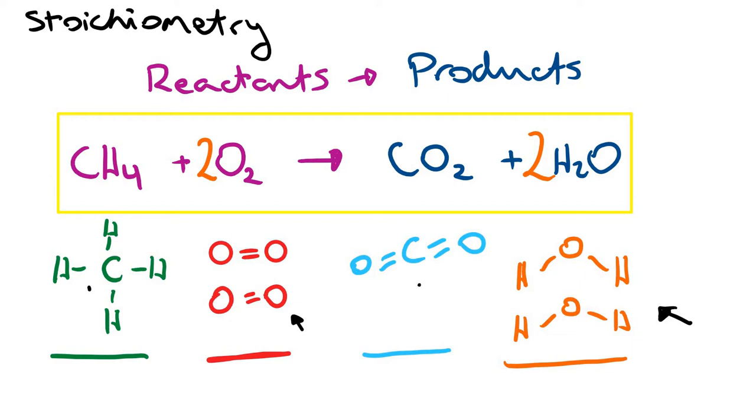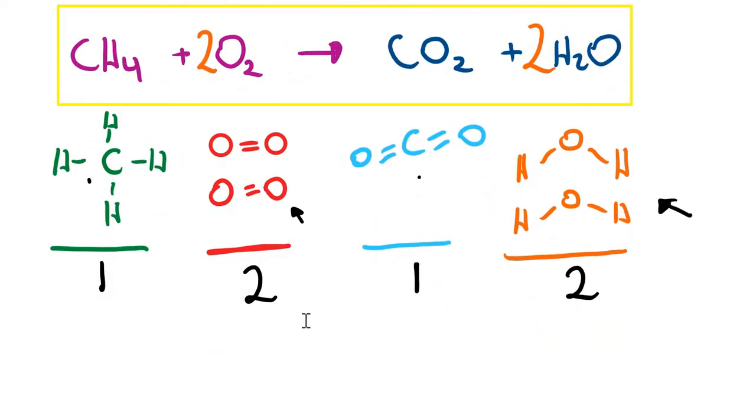So the main thing from this is, whenever we write a balanced equation, yes, it means that we've got the right number of atoms on the left as on the right, but more importantly, it tells us that for every 1 methane molecule, I need 2 oxygen molecules, and it gives me 1 carbon dioxide molecule, and it gives me 2 water molecules. That is called the mole ratio, because I could equally say, rather than just saying I had 1 methane molecule, because let's face it, when I react methane, I'm never going to be just reacting 1 methane molecule.